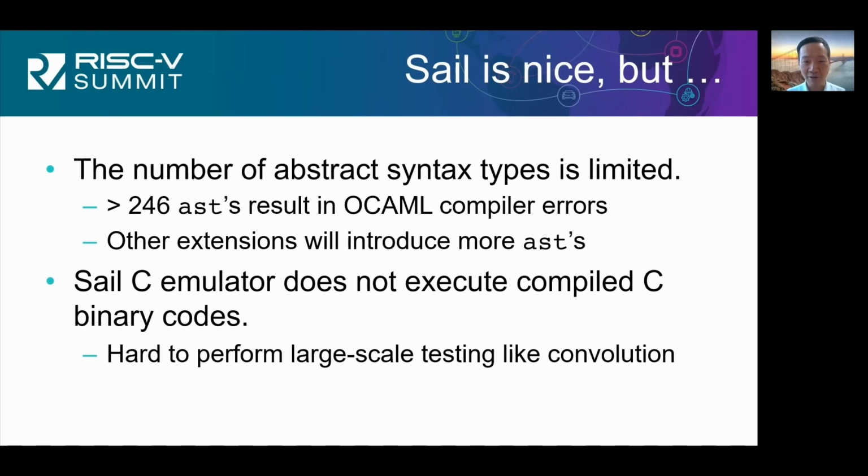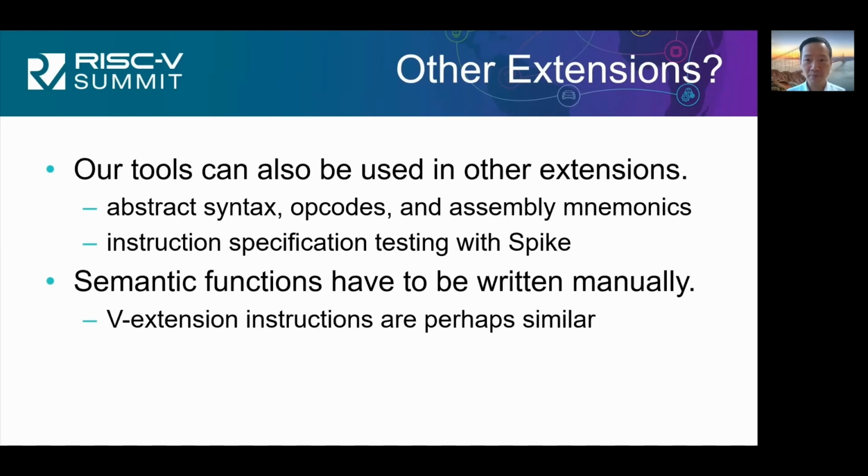They're all C code compiled to binary, but CELL could not simulate this compiled C code. So which means that it's very hard to perform large-scale testing, like convolution or some DSP libraries. And if CELL could add some support for these compiled C binary codes, I think that would be much easier for our large-scale testing.